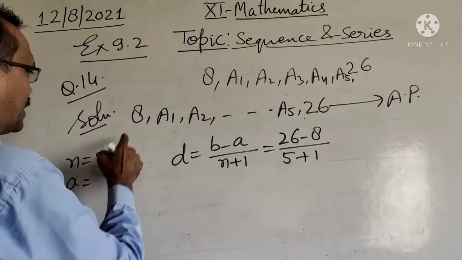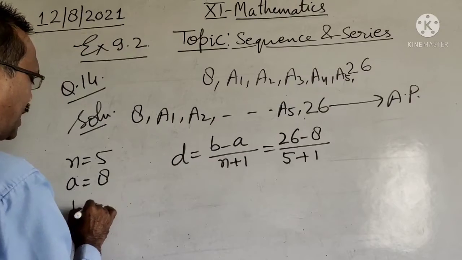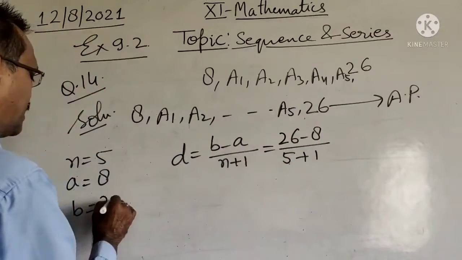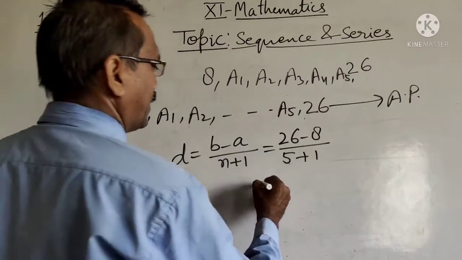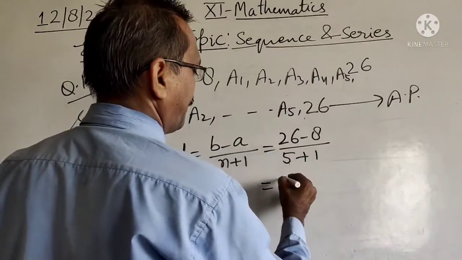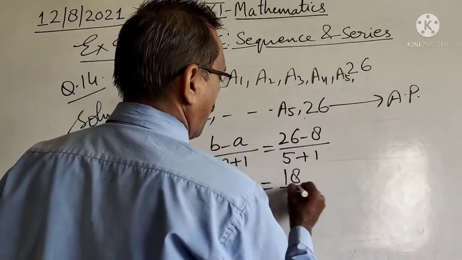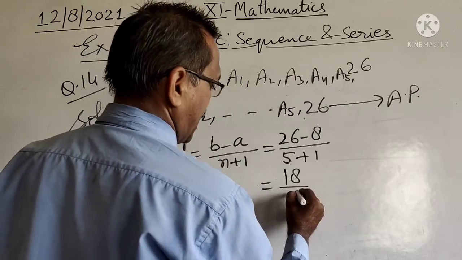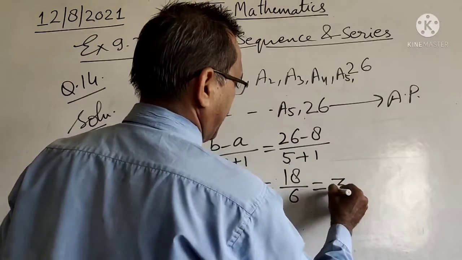A is the first term, which is 8. B is the last term, which is 26. Therefore, it is 18 upon 6, which is 3.